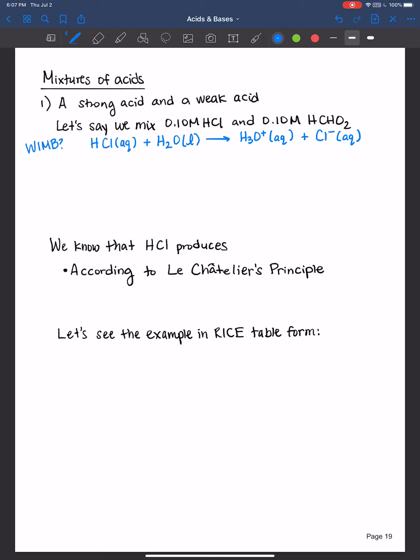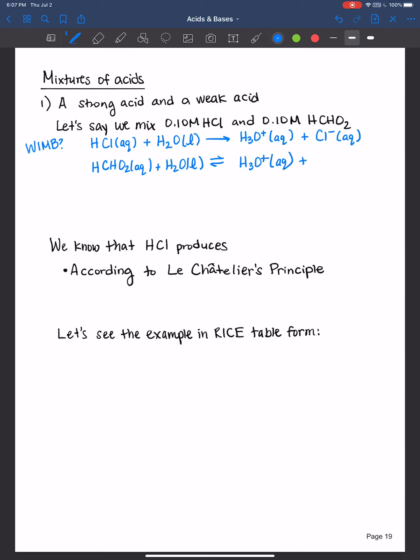In addition, you also have formic acid dissociating, not fully, only partially, since it's a weak acid. So therefore, use the double-headed arrow. It is also donating protons in solution in the form of hydronium ions, the conjugate acid of water.